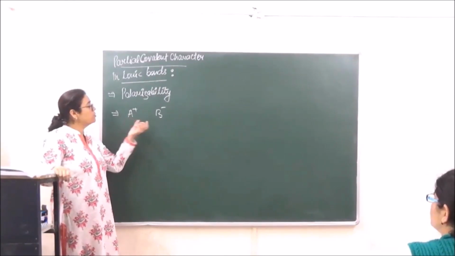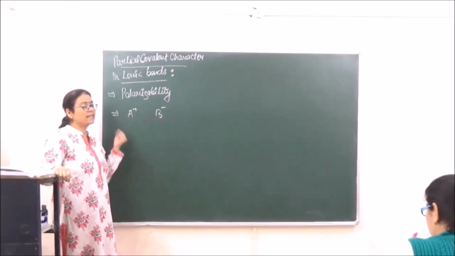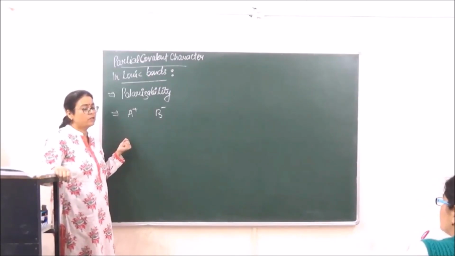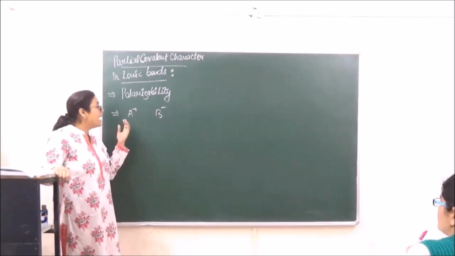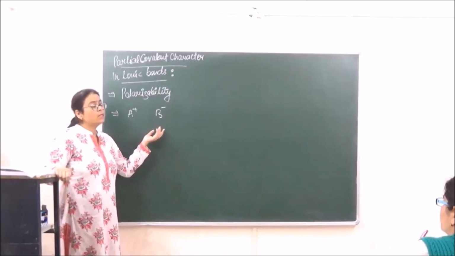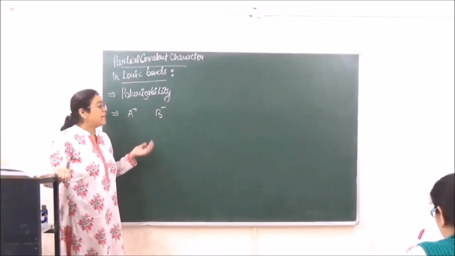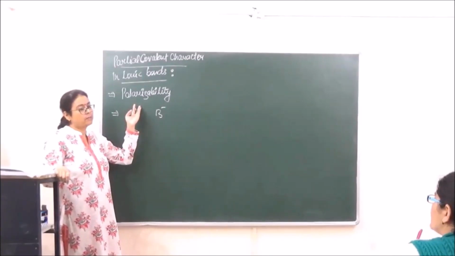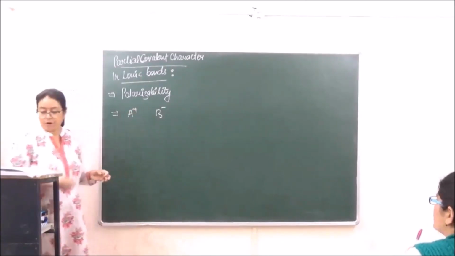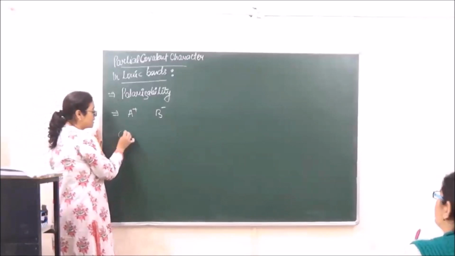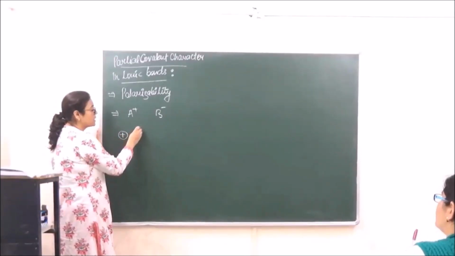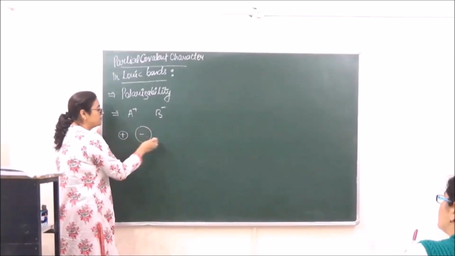So it is going to attract the outermost shell of the negative charge of the anion towards itself. As a result, it distorts the electron cloud of the negatively charged anion. And this is known as polarizability. So, for example, let's try to depict it with the help of a figure.